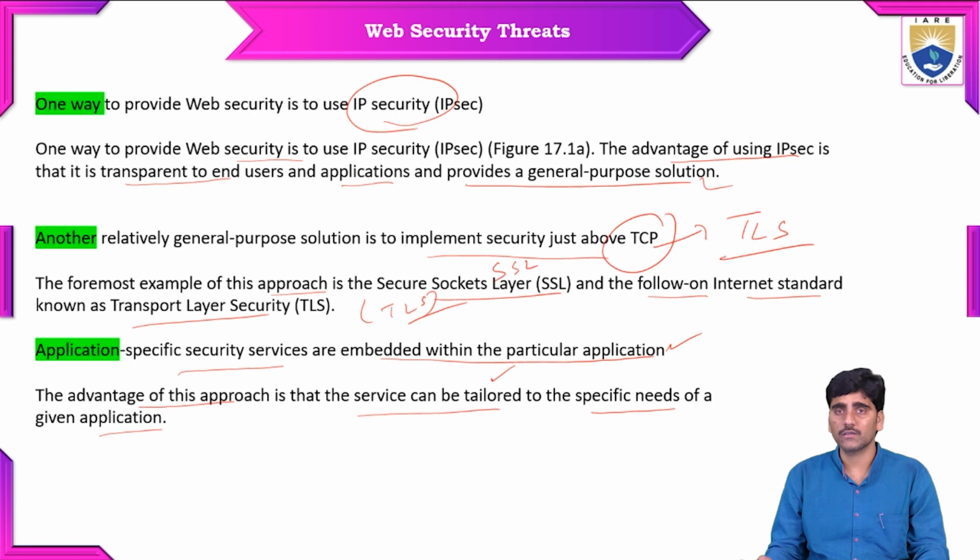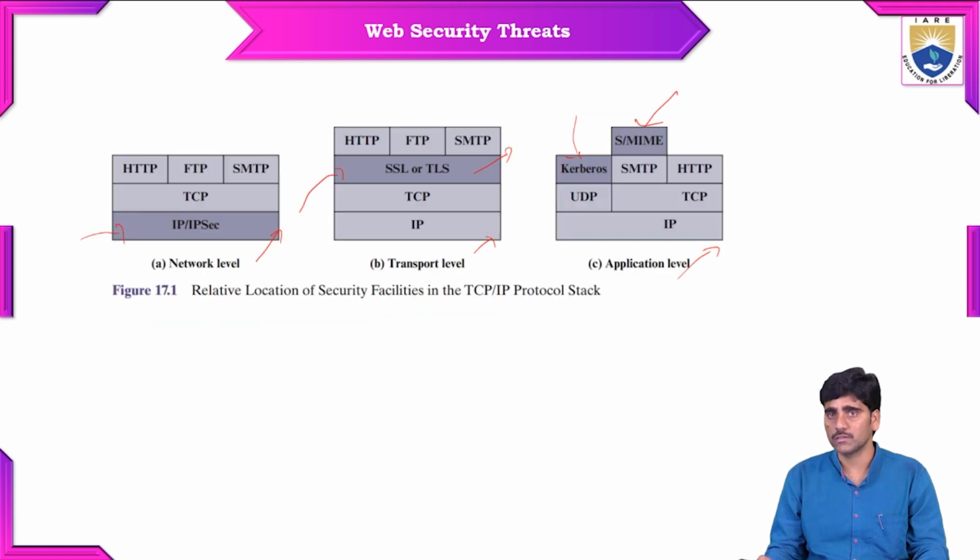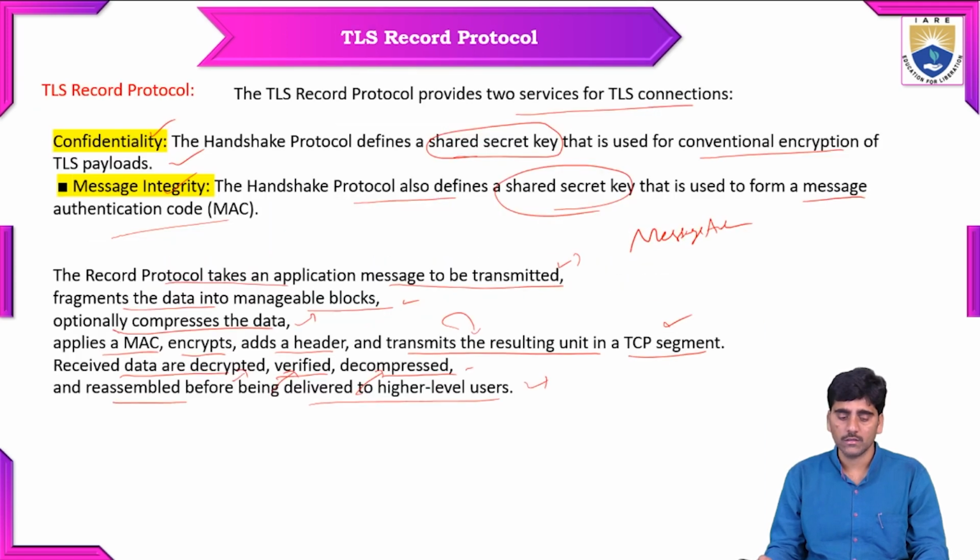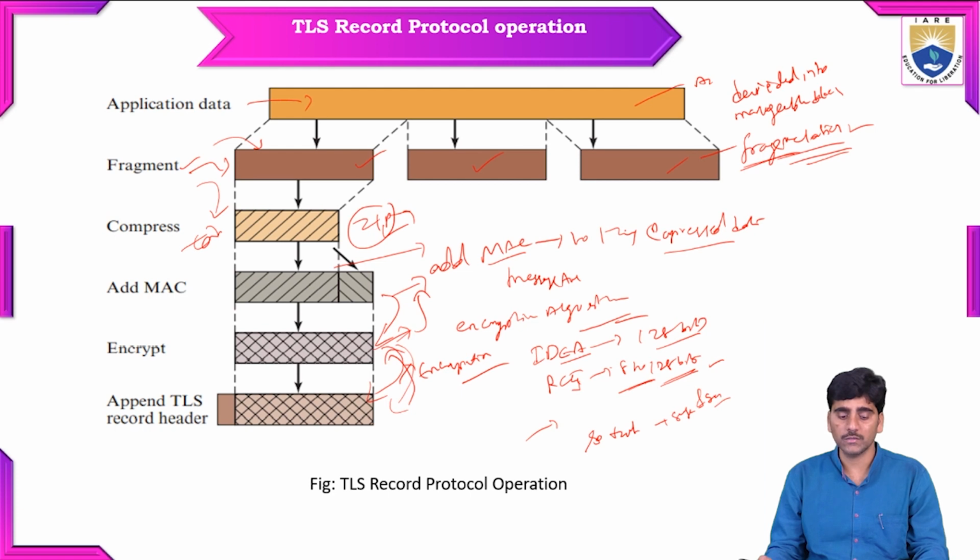And here, providing security at additional layers, such as IP security, providing TLS as a security, and providing individual application security services to the applications. The next, TLS record protocol operations. To perform those operations, the data has to be divided into fragments. Each individual block is called a fragment.